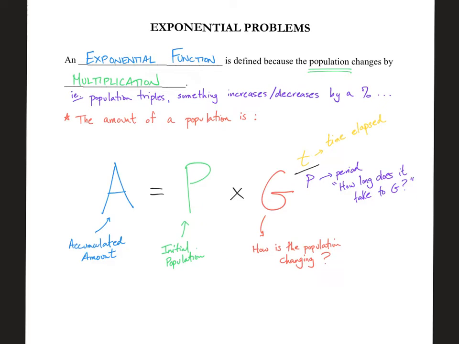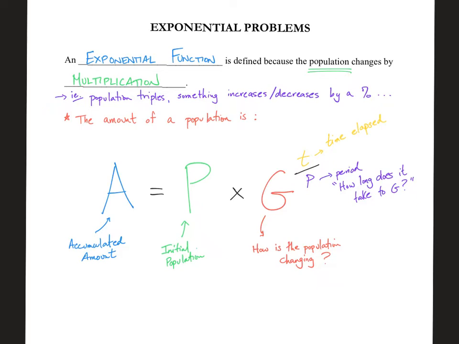It doesn't have to be people. So when we say population, we're talking about a group of something that is going to change by multiplication. In purple, below that, you'll see some quick examples. If we heard an application where the population tripled, or something was increasing or decreasing by a percentage, then we're changing through multiplication, and therefore we have an exponential function.